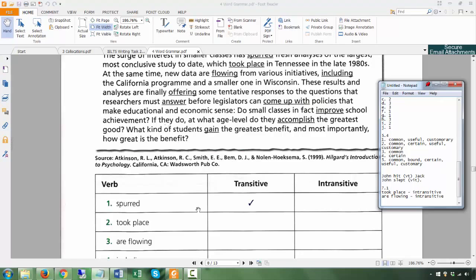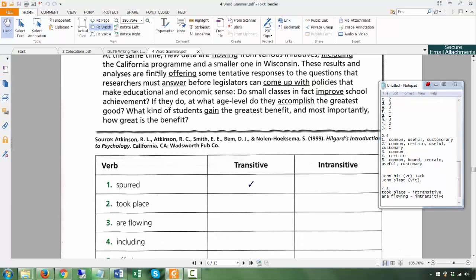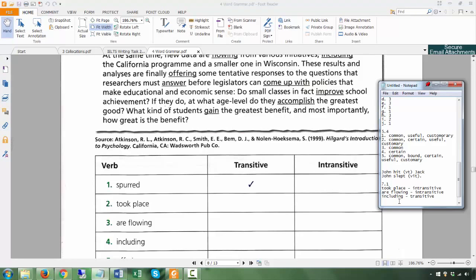Next, including the California program. So you would see that including has an object, including something, right? So it is transitive. Next, offering some tentative responses. So there's an object, offering responses.